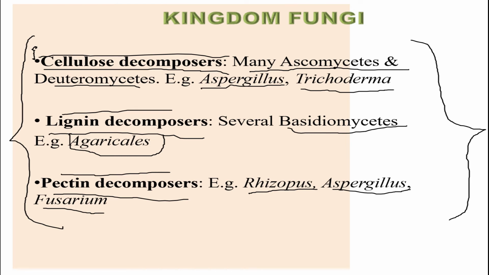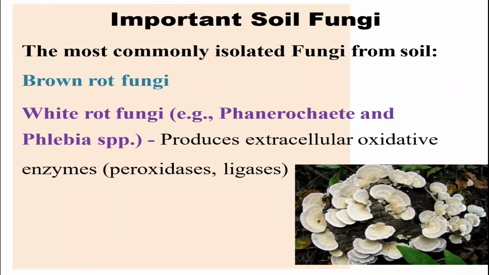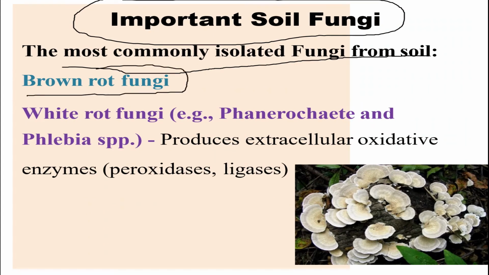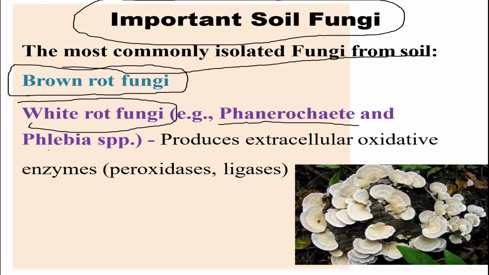Moving on, let's talk about some of the important soil fungi that are present in the soil. The most commonly isolated fungi from soil are brown rot fungi. Then we have white rot fungi. Some examples of white rot fungi are Phanerochaete and Phellinus species, which produce extracellular oxidative enzymes such as peroxidases and ligases.